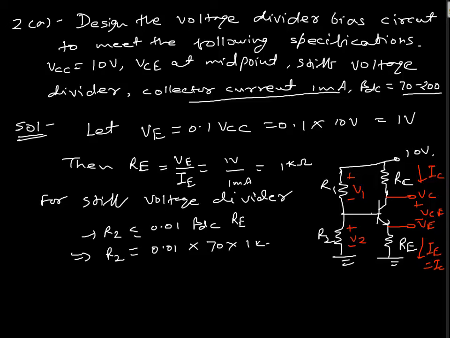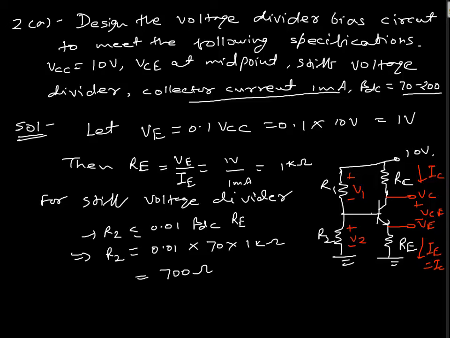So if we solve this, we will get the required value of R2. Okay, so the required value of R2 came as 700 ohm. So this is the value of R2.